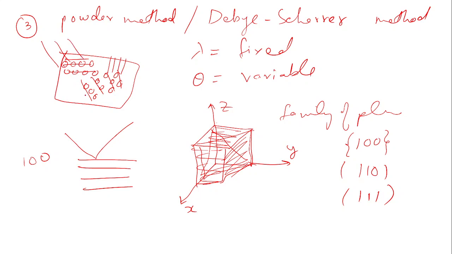I told you X-rays don't go deep inside, so I want all these small crystals to be exposed to my X-rays. One way is to grind the material. Whatever kind of material we have, we usually grind it so that we get small particles. This is not atoms; what I mean is small particles, maybe so small that only one kind of crystal pattern is there, even that could be possible, or maybe it's not that small and two kinds of planes are there.